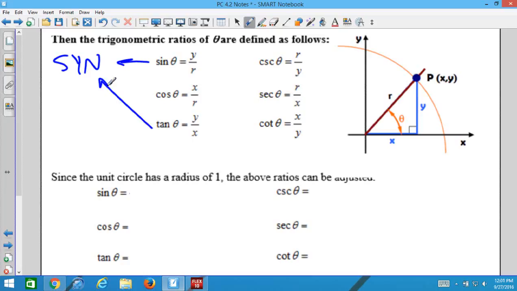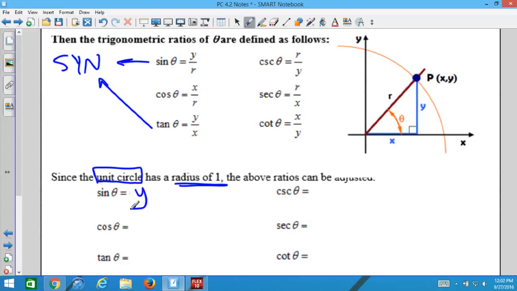Since the unit circle has a radius of 1, that's why it's called the unit circle. The radius is 1. That means up here, where I see all the r's, every single r is now 1. What would our sine of theta be in the unit circle? So y over 1 is y.